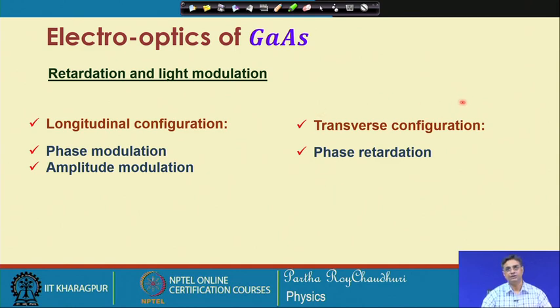This configuration is also very useful when you apply the electric field across the crystal along a direction which is perpendicular to the direction of propagation of the light waves through the crystal, and we will discuss this in the next section.